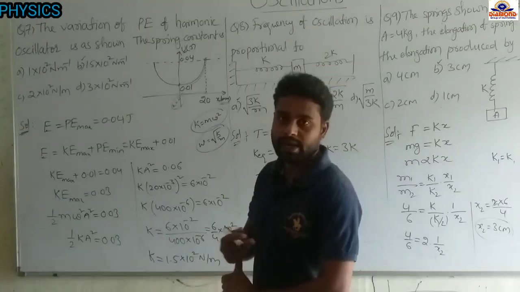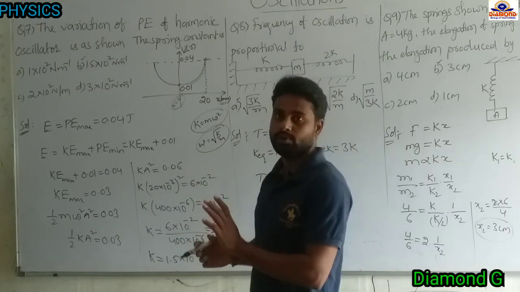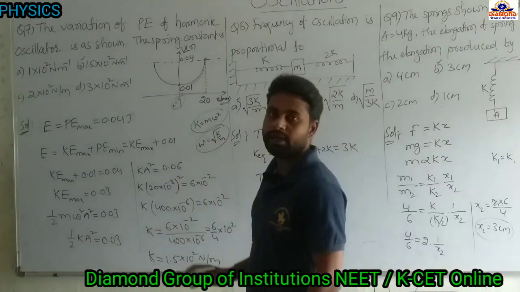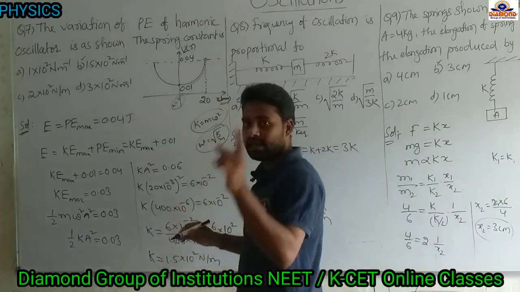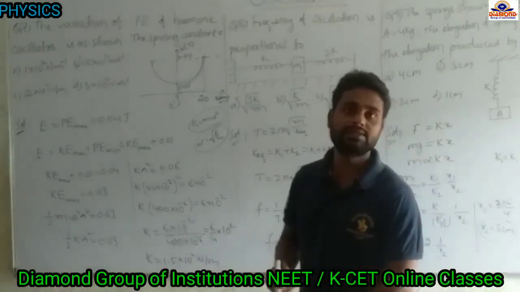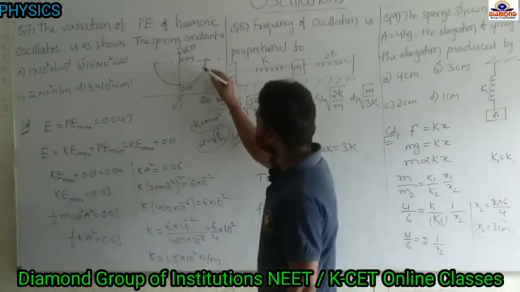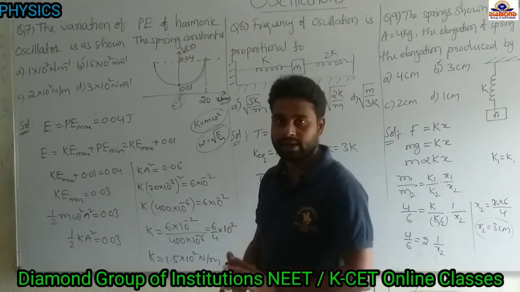Whenever the particle is at the extreme, the velocity of the particle is 0. If velocity of the particle is 0, no kinetic energy, it has only potential energy. So whenever the particle is at the extreme, the total energy is equal to the maximum potential energy. If it is in between, the total energy is equal to the sum of the potential energy and the kinetic energy.